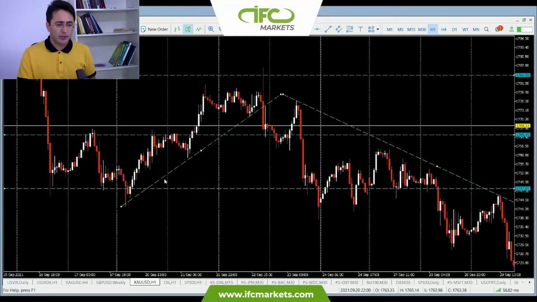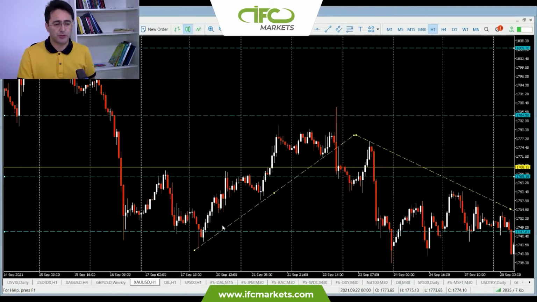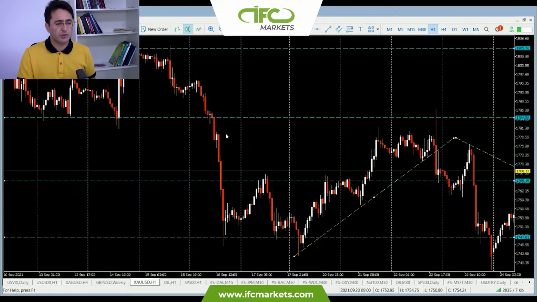So we are continuing this downtrend. Again here, we had a correction. If we want to see how far this correction can go, again we can draw the support and resistance levels. There is the previous support level, which is right now the resistance level.